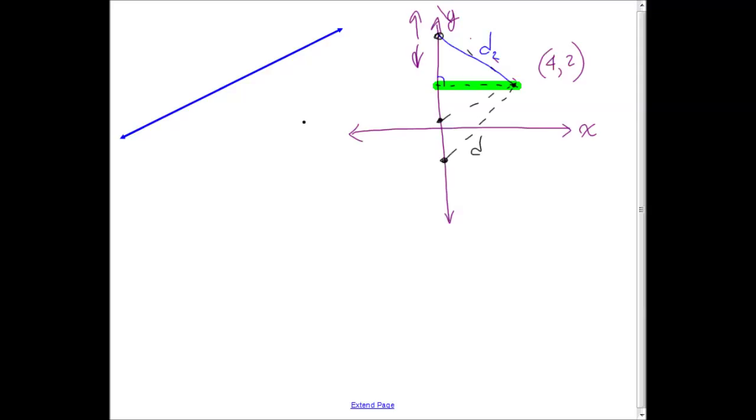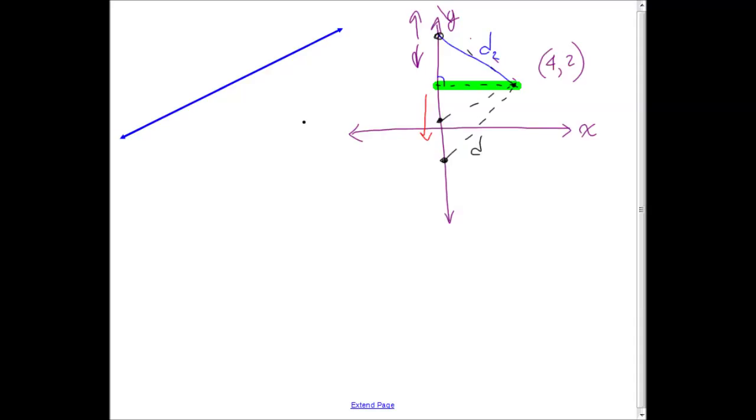And it can't get any shorter because now I don't have a triangle anymore, and the distance happens to be the length of one of the sides of that right triangle. And then if I keep moving the point farther down, I again create a right triangle where the distance I'm looking at is a hypotenuse. Again, it gets longer. So the shortest distance between the point 4, 2 and the y-axis is going to be that line segment that's perpendicular to the y-axis.